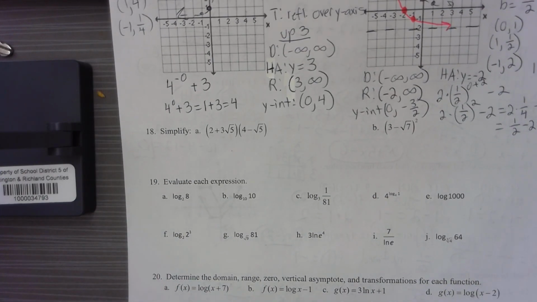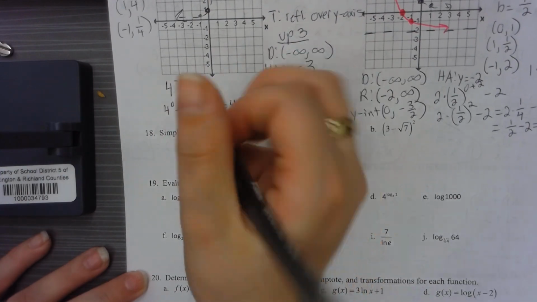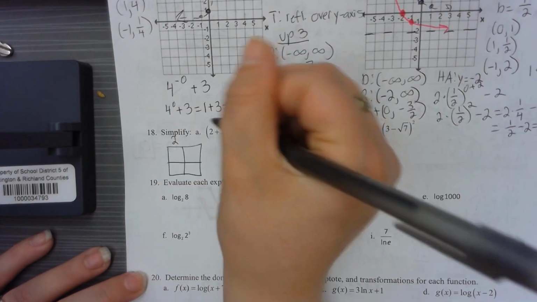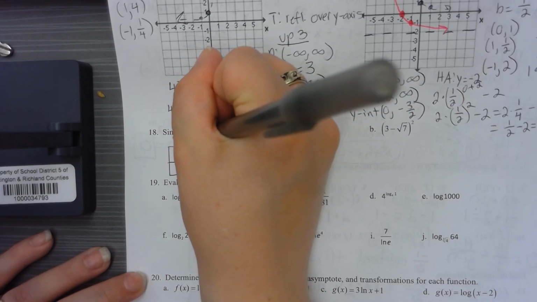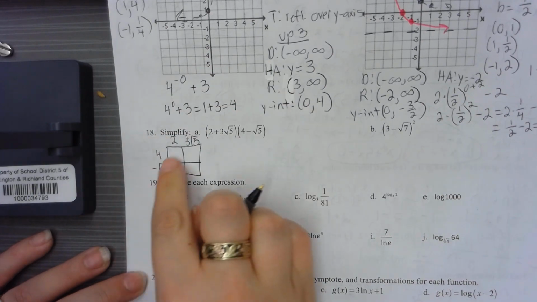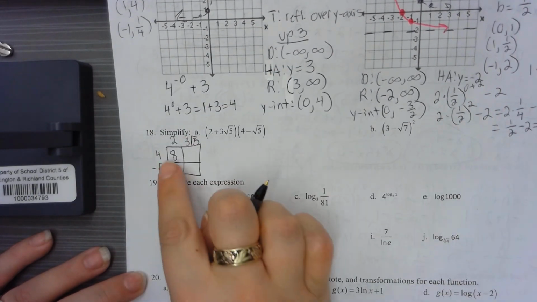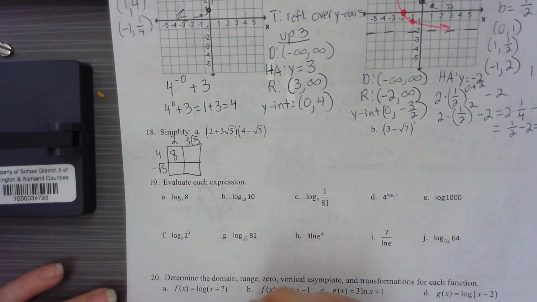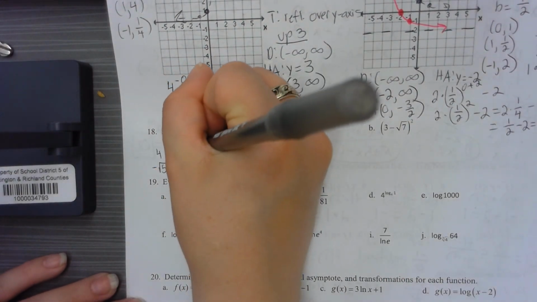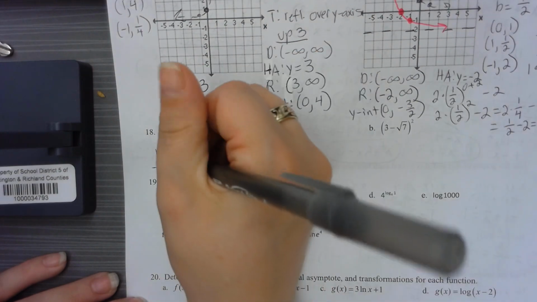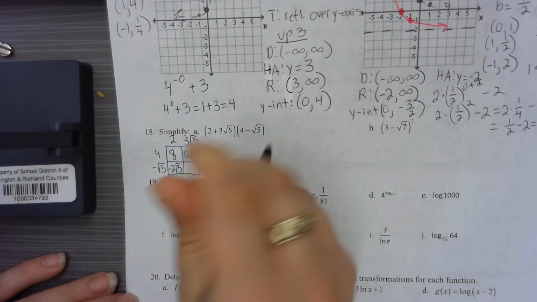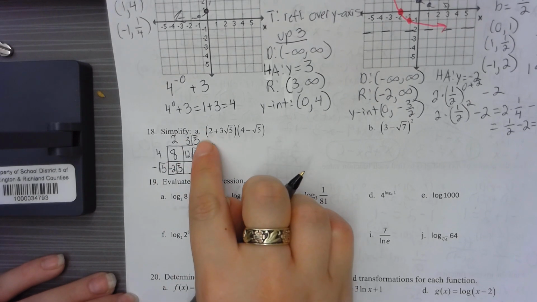Okay. Moving on to the next one. So the next one says to simplify, so I'm multiplying these out. I'm going to use the box to do so. So I'm doing 2 plus 3 square root 5 times 4 minus square root 5. So 2 times 4 is simple, it's going to be 8. We can only multiply outside with outside and inside with inside, so 4 times 3 is going to be 12, and then we'll keep the square root of 5. 2 times negative square root of 5 is negative 2 square root of 5. And then this one, we do the square root of 5 times the square root of 5.